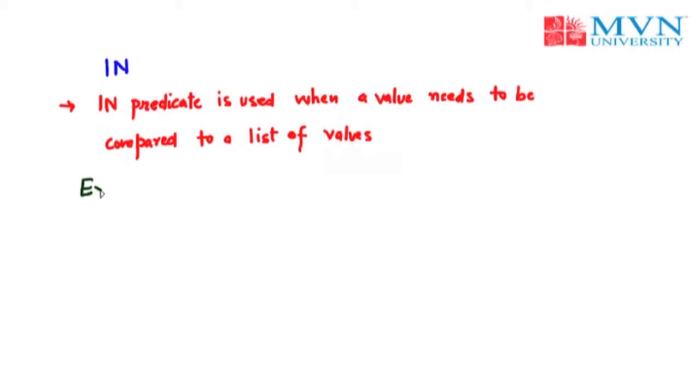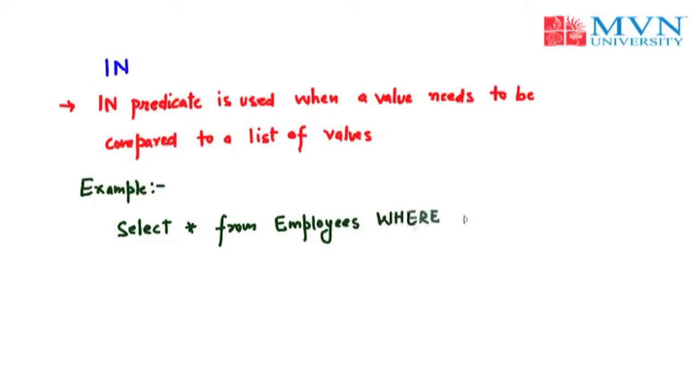For example, if you want to retrieve all the details of the employees whose name is in Karan, Rohan and Ajay, we will write a query like: select star from the table name. Suppose the table name is employees, where name in Karan, Rohan, Ajay.